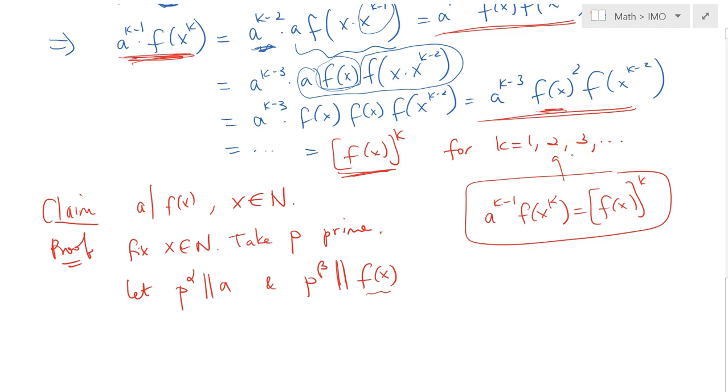So therefore a itself has alpha p's in it, so therefore a to the power k minus 1 has alpha times k minus 1 p's in it. However, this expression here might have some additional ones as well, so therefore this is definitely less than or equal to, the inside here has beta p's in it, so beta times k for k equals 1, 2, and so on.